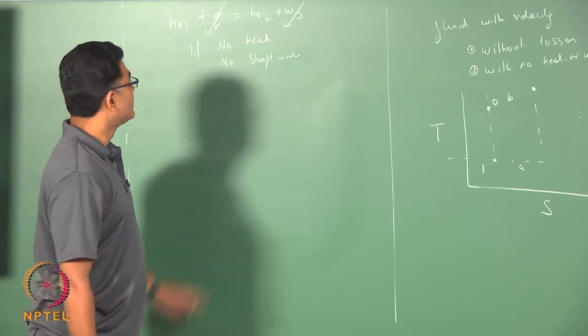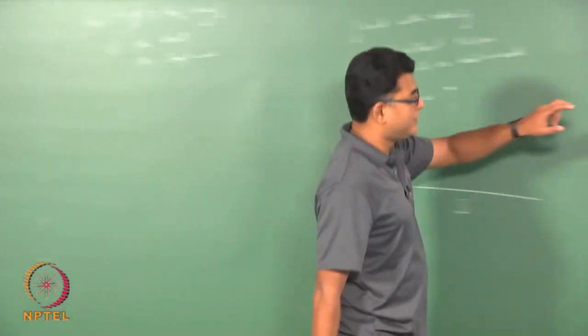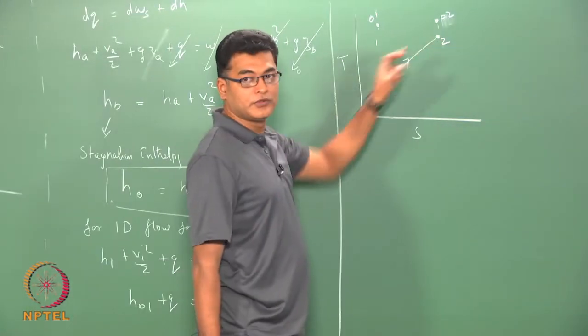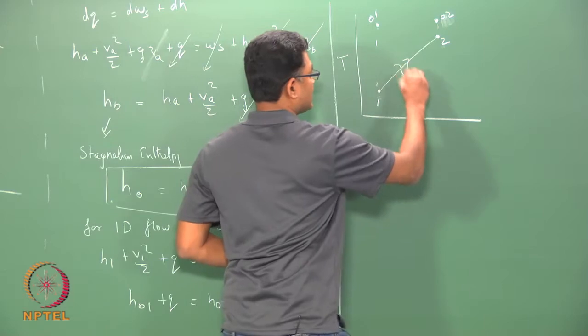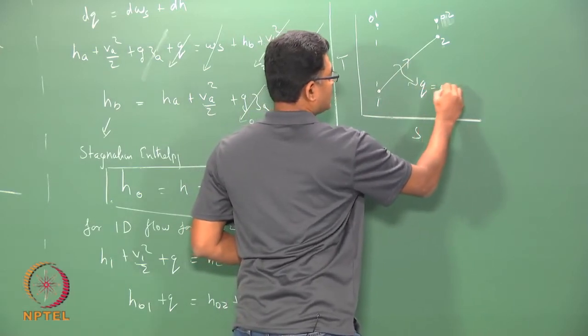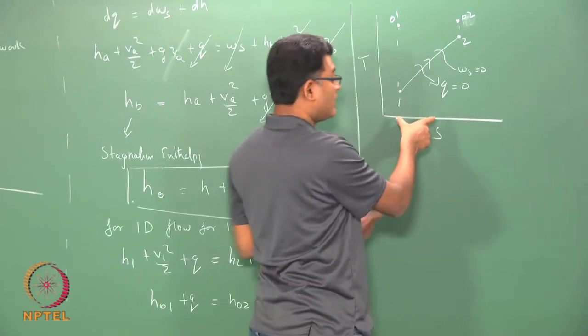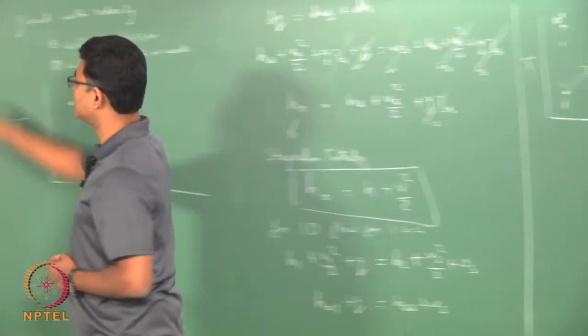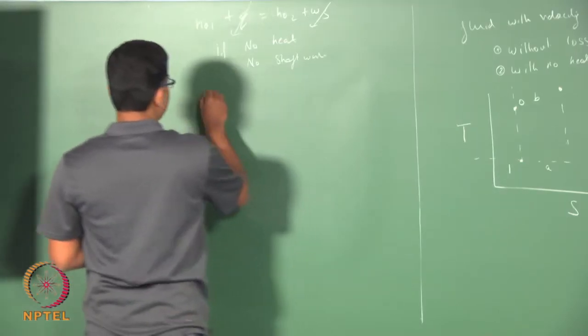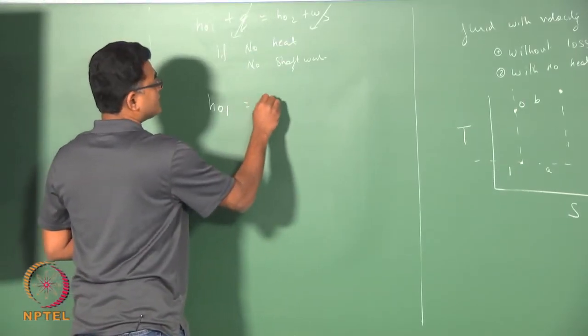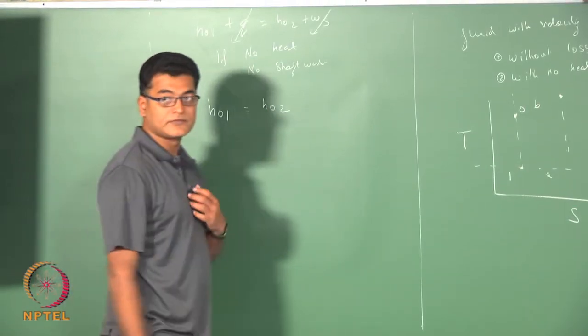So, if there is no heat supplied in the process 1 to 2 and no shaft work, the q is 0, ws is 0 in this process. If that is the case, then I can strike off this, which essentially means h01 equals h02.